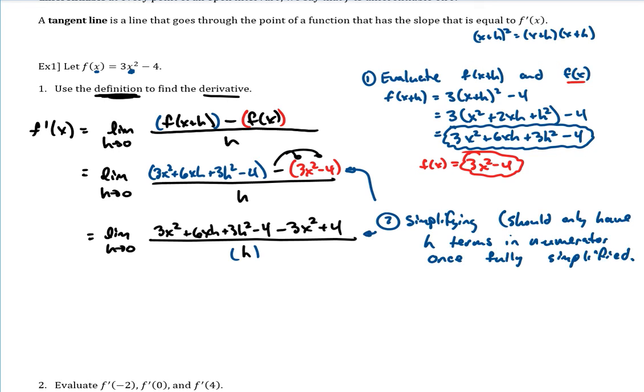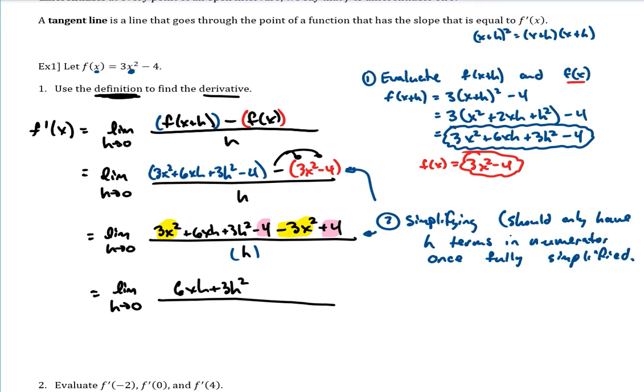All right, so we're still simplifying in this step, and if we did it right, we should. So I'm going to highlight the 3x squared minus this 3x squared is 0, and the minus 4 and the positive 4 is 0. So then we are left with, so we have the limit as h goes to 0, just the 6xh plus 3h squared.